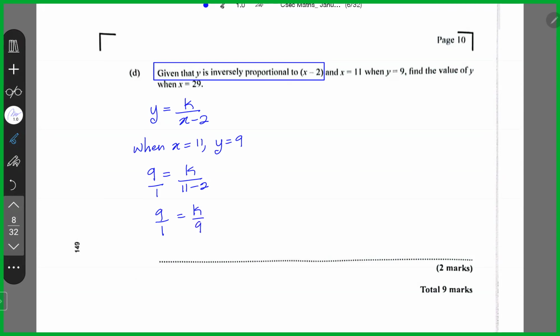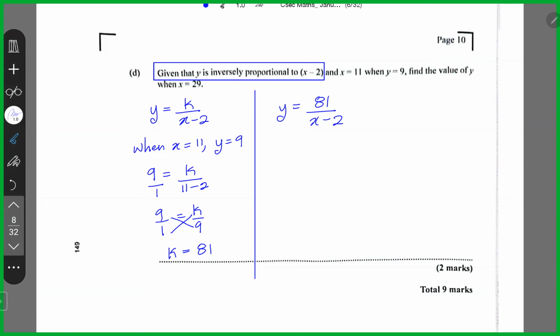If one fraction is equal to one fraction, I would cross multiply. 1 times k is equal to 9 times 9, which is 81. Step 3 is to rewrite this equation and put in the value you have for k.